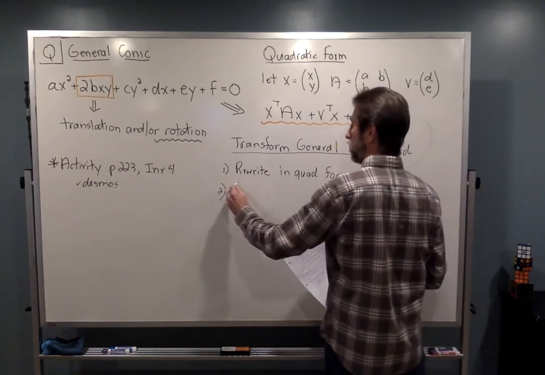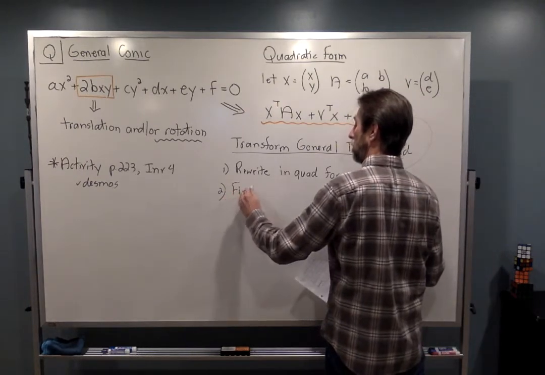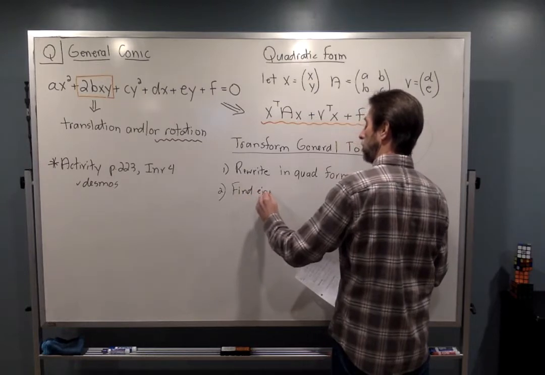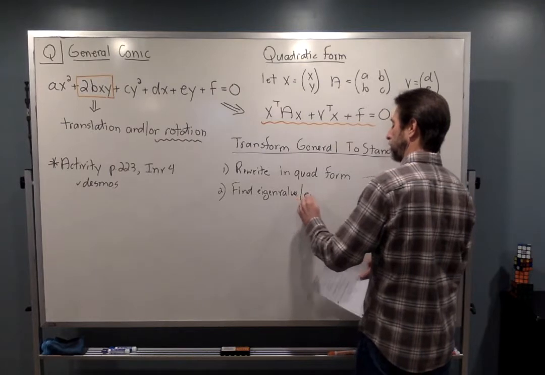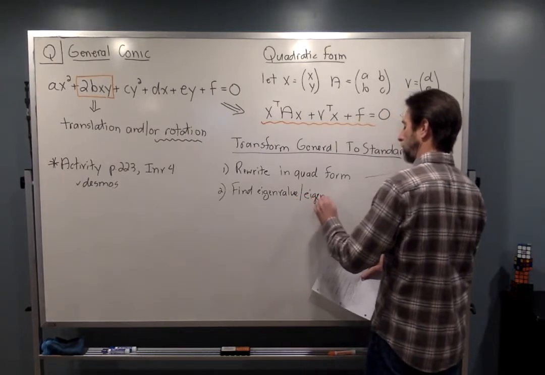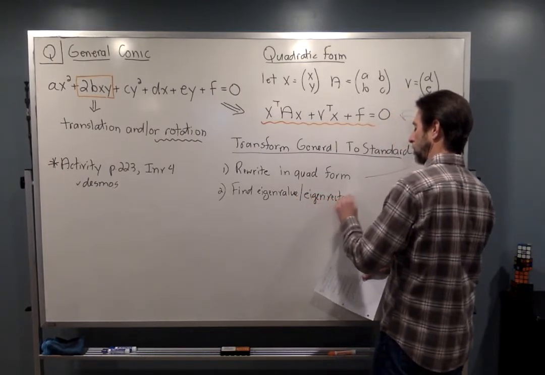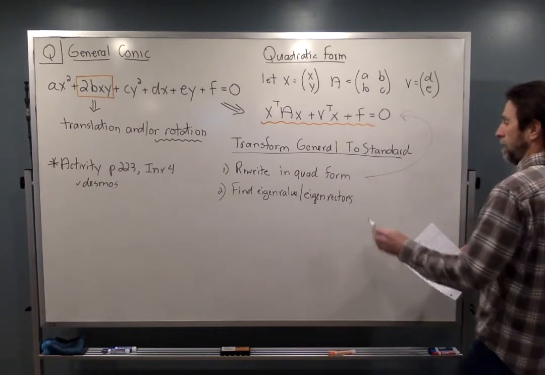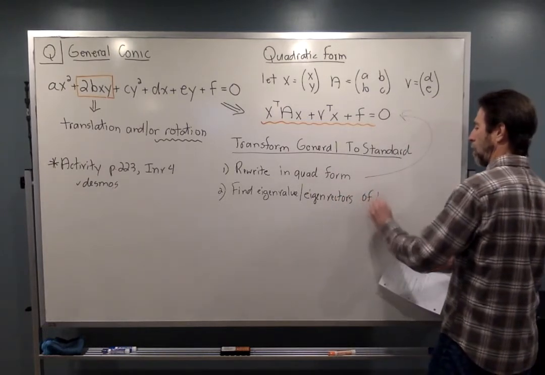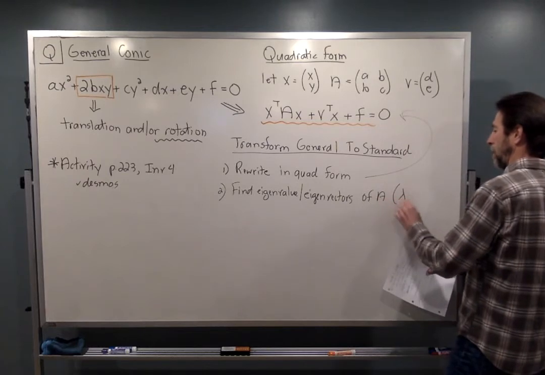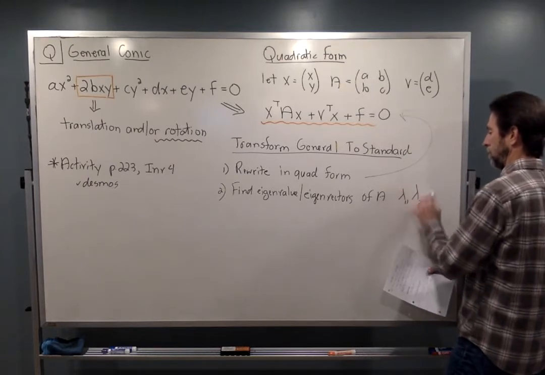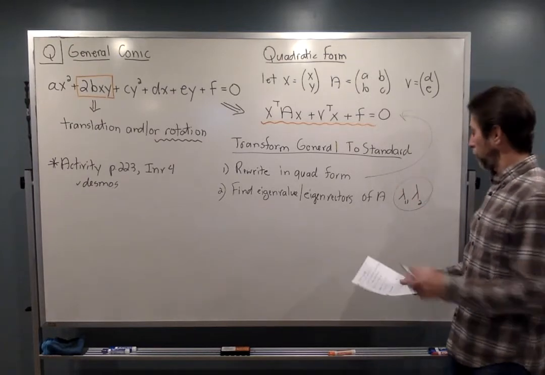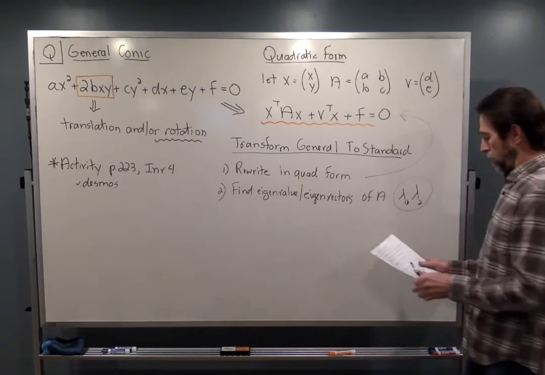We are going to find the eigenvalues and eigenvectors. Now we're going to typically call these lambda 1 and lambda 2.